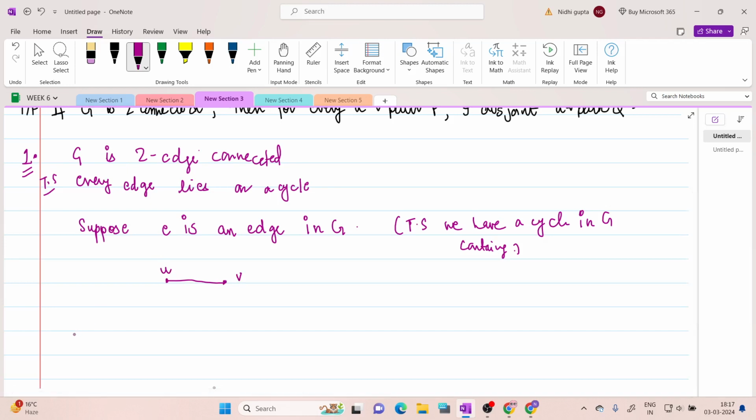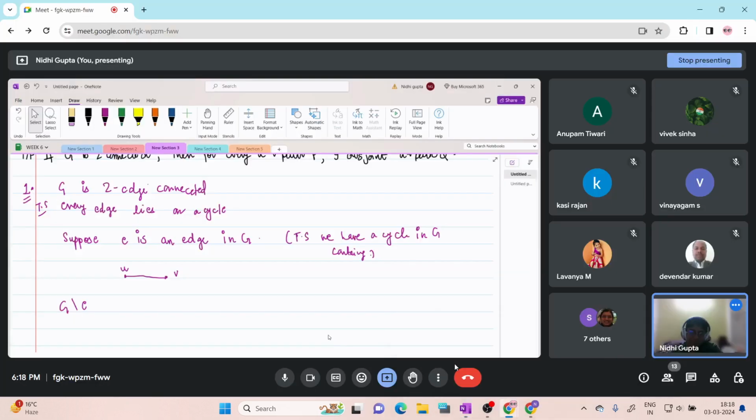So what can we say? If G is 2 edge connected, what can we say about G minus e? Is it connected or disconnected?